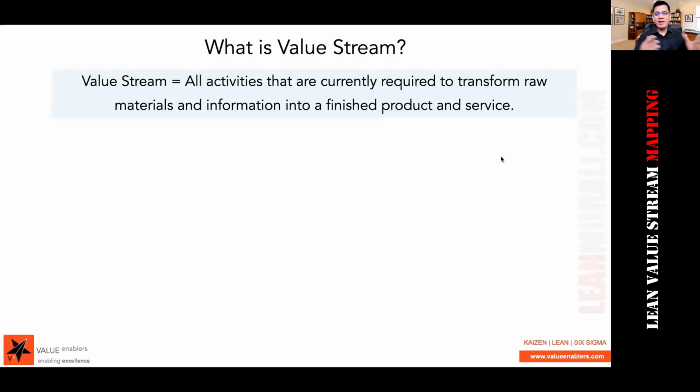So you need to have a set of activities, and all those activities are currently required to transform the materials and information. You would always notice that a material cannot move without information. So this material and information is transformed into a finished good, finished product or a service.